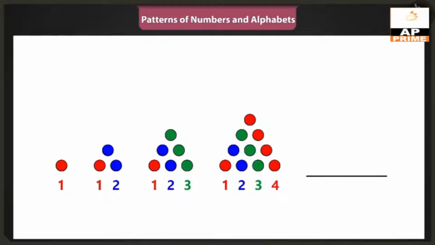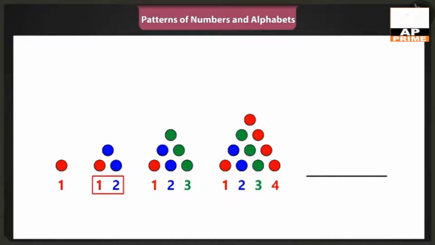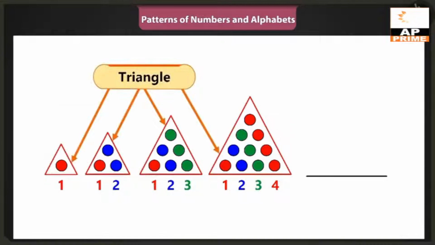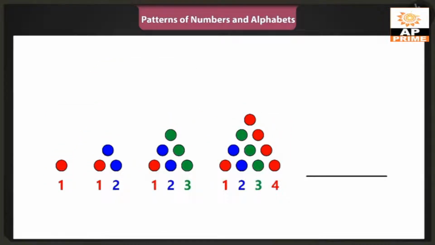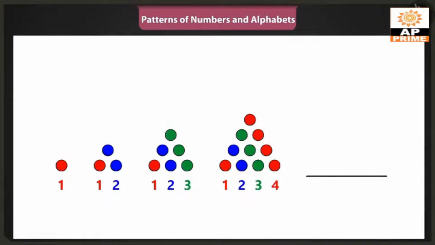Here in this pattern, dots are placed in increasing order to form a triangle. And yes, in this pattern, the blue dots are behind the red dots, and then you have the green dots, and they are repeated in specific order.